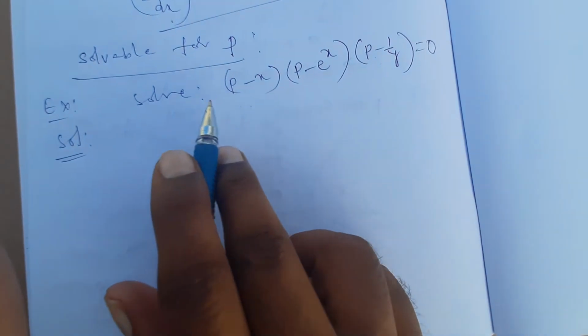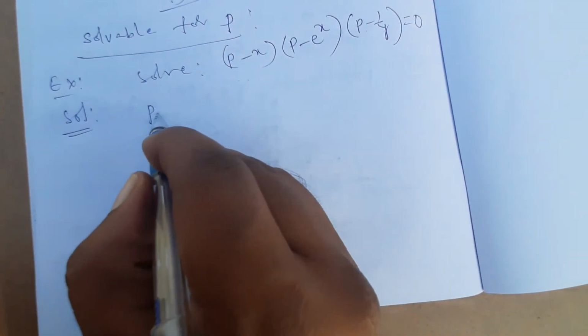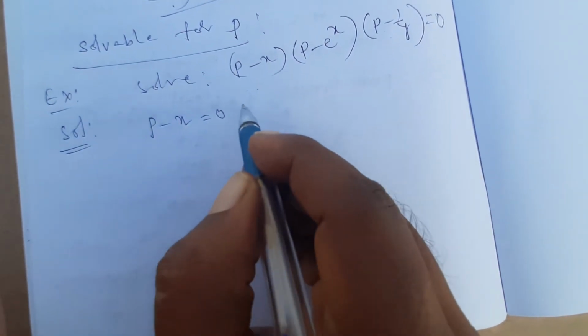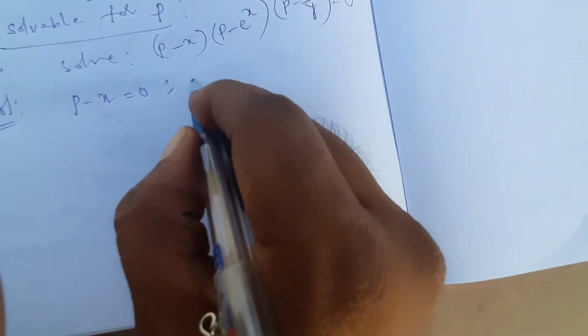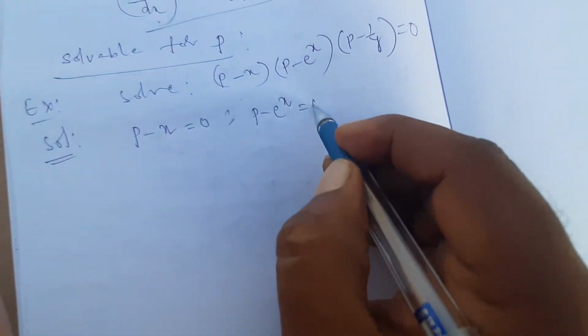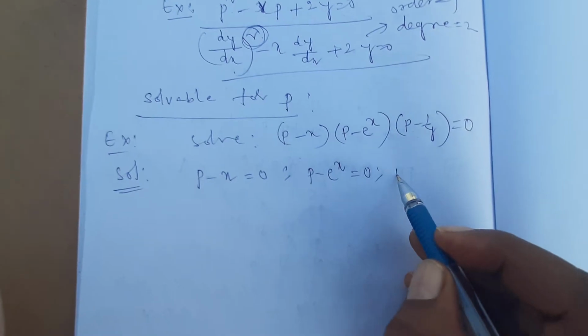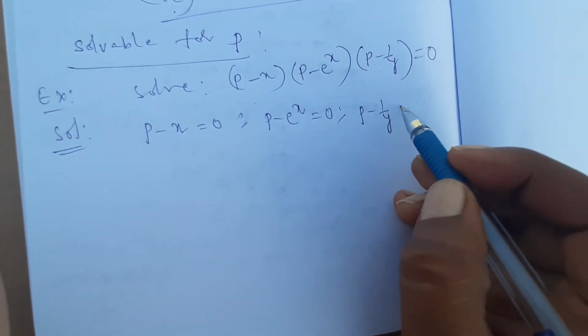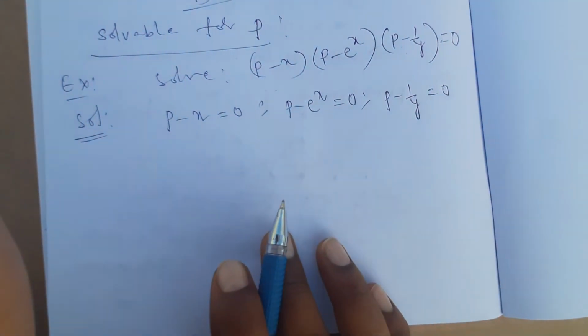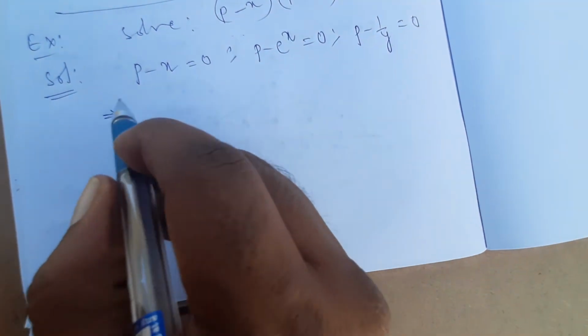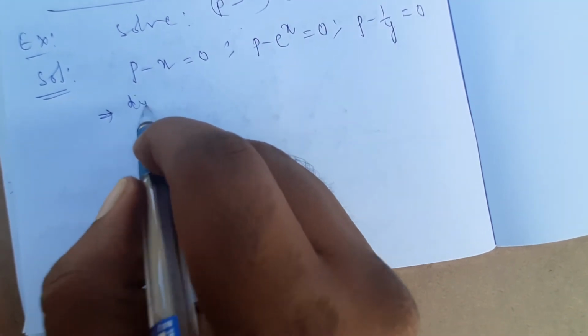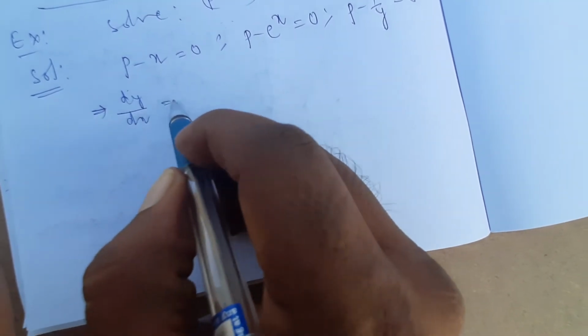For the solution, when this equation is given, we have to take p minus x is equal to 0 as the first value, p minus e power x is equal to 0, and next p minus 1 by y is equal to 0, the third value. Now what is the p value? Nothing but dy by dx. So replace that value: dy by dx is equal to x.